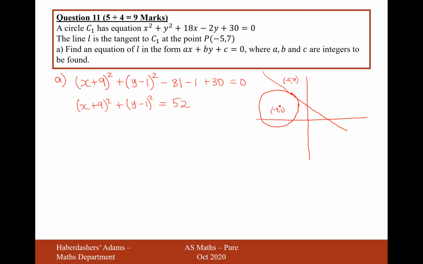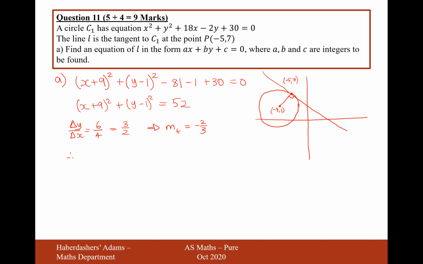First of all, I'll work out the gradient of the radius and then find the perpendicular. If I go from the centre to the point on the circle, it's going up 6 on the y-axis and up 4 on the x-axis, so a gradient of 3 over 2. That's the line for the radius, but therefore the tangent gradient is going to be minus 2 over 3.